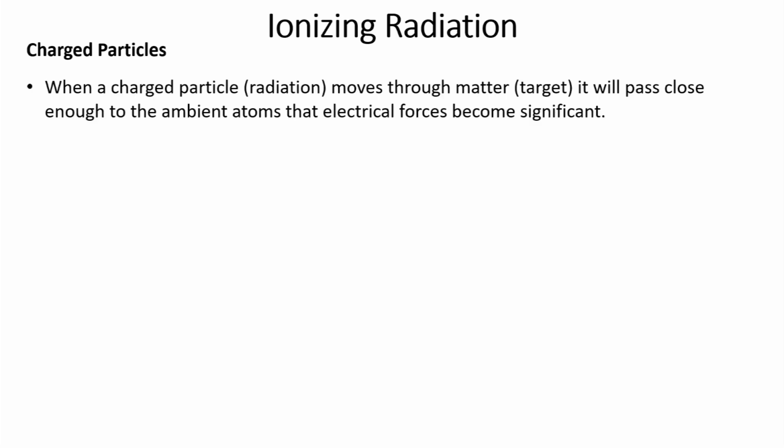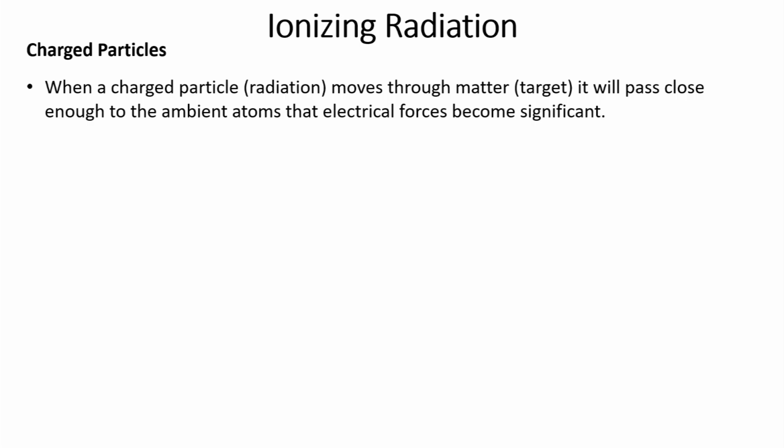Now we will have some mathematical treatment to understand how the radiation particles interact with the atomic structure and create ionization. We will consider a single charged particle, a very high energetic charged particle moving at very high velocity, that moves through a matter, which we will call the target.